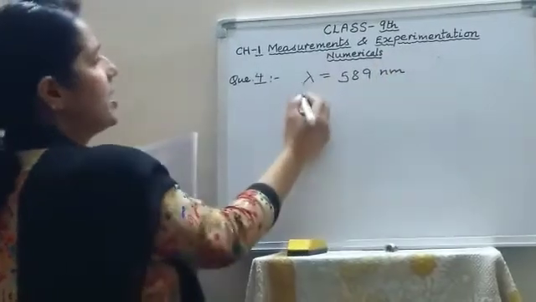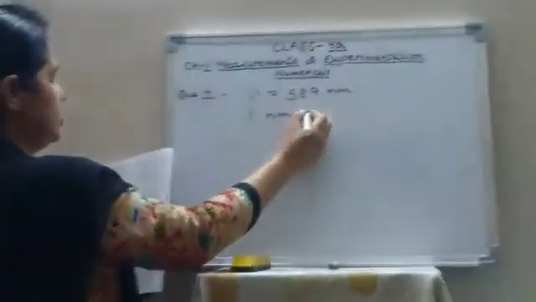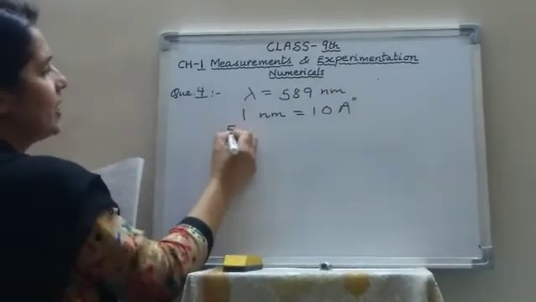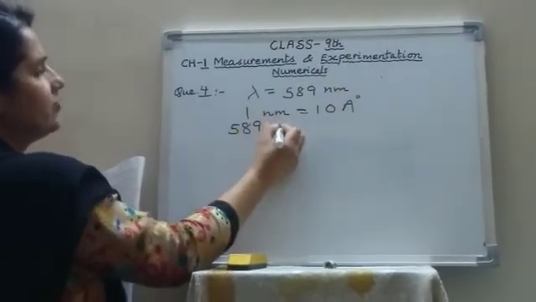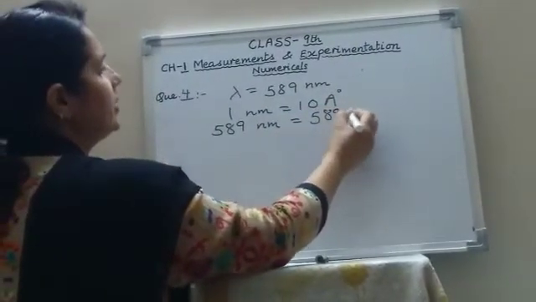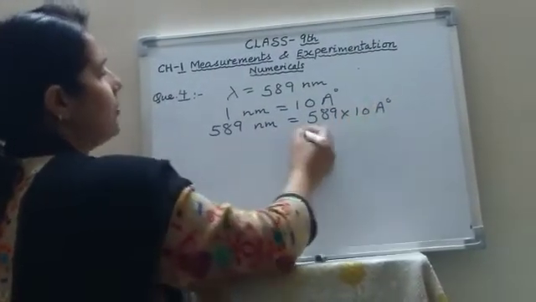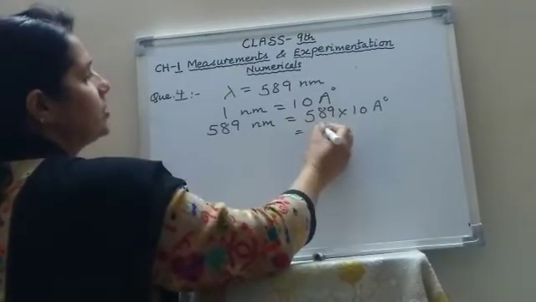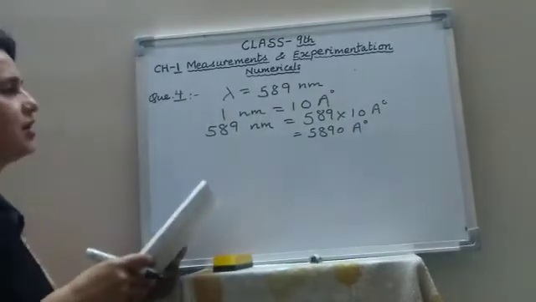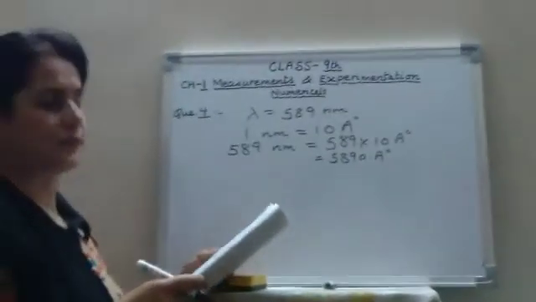And we know 1 nanometer equals 10 angstrom. So if you convert nanometer into angstrom, it will become 589 into 10 angstrom, that is 5890 angstrom. So this is the wavelength in angstrom.